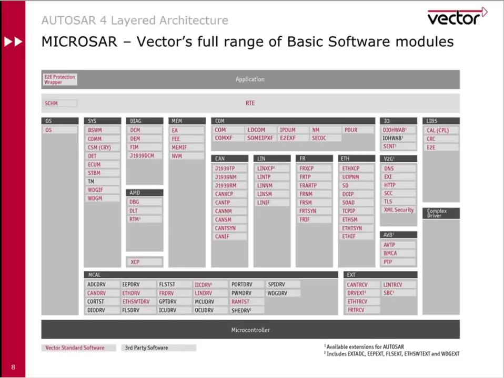It provides an abstraction for the application away from the basic software underneath, where the basic software is very much tied to the hardware implementation, but the application is abstracted away from that hardware implementation. And somewhere down the chain you have to marry those two up, and how you marry them up is with the generation of the RTE, the Runtime Environment layer.